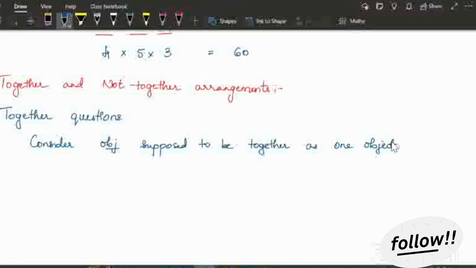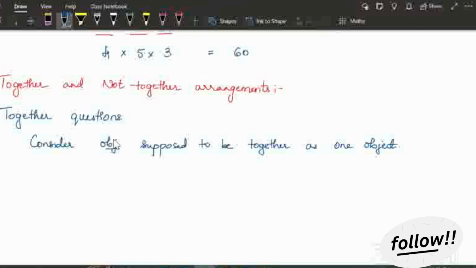So assume it is a box, and you have all the values that are supposed to be together present in that box. Now, whenever you are rearranging, you're keeping the entire box in the other position. Therefore, those objects are staying together. But within that box, the objects can be arranged as well, right?